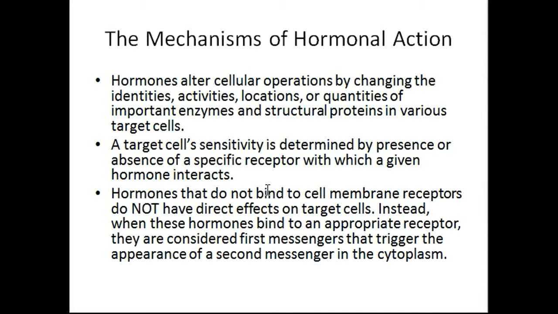Hormones that do not enter the cell and bind to cell membrane receptors do not have direct effects on target cells. Instead, when these hormones bind to an appropriate receptor, they are considered first messengers that trigger the appearance of a second messenger in the cytoplasm.